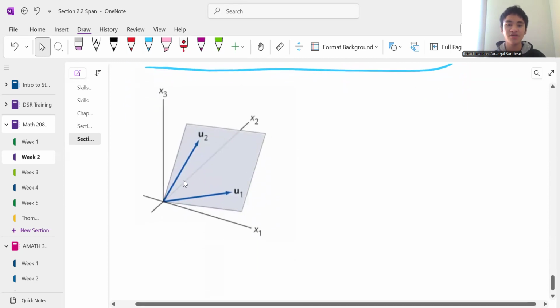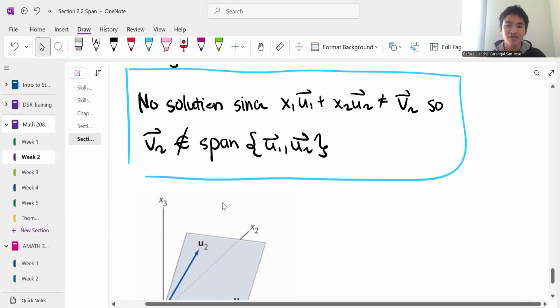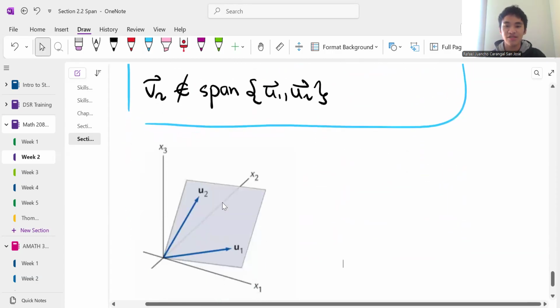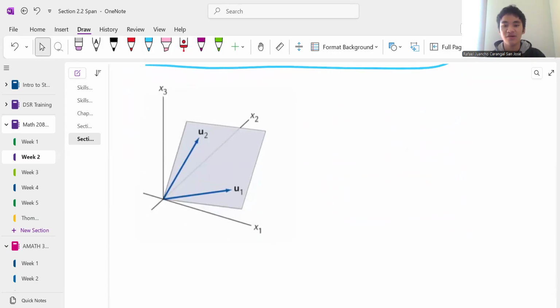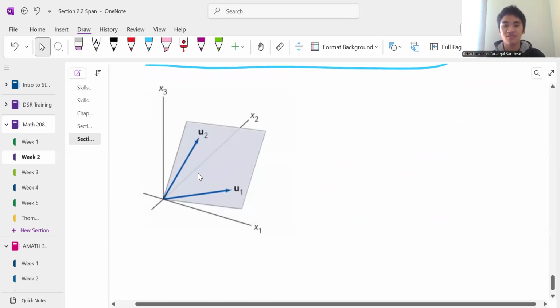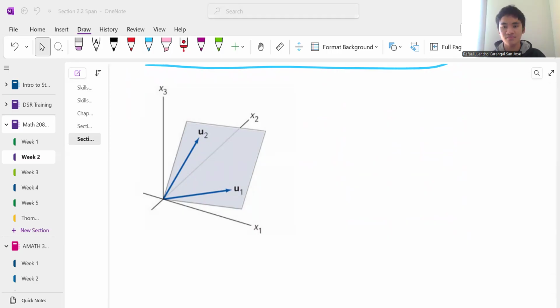And at some point there, v sub 1 is part of the span while v sub 2 isn't. So we can write a vector that's part of the span here, while there are also other vectors in R3 that we can't. Right?